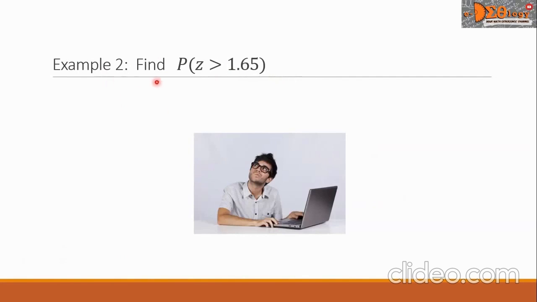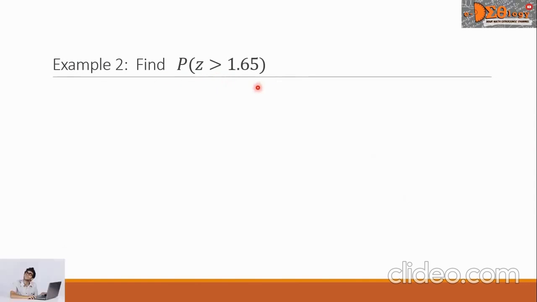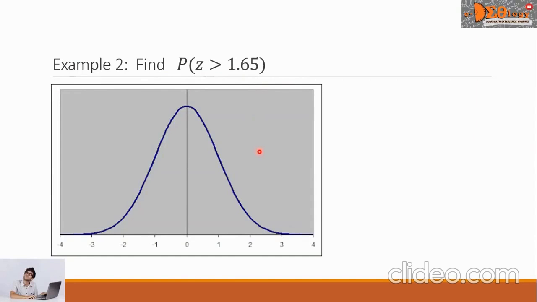Example 2. Find the probability that Z is greater than 1.65. Let us draw the curve and identify the location of 1.65. It is a positive value, so we place it on the right of 0, and it's here.